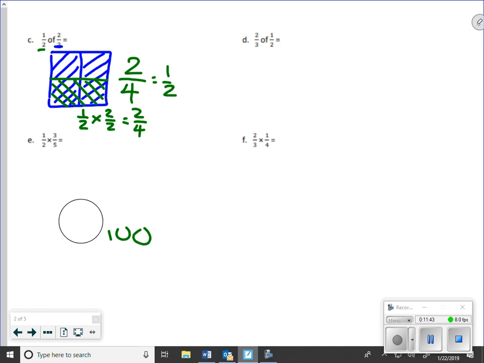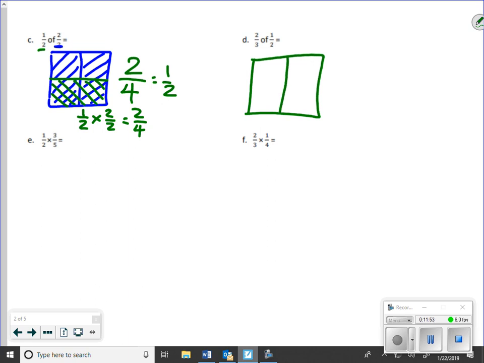Daniel, can you put that up? How many pieces? 2. How many are shaded? 1. How many pieces go in the opposite direction? 3.